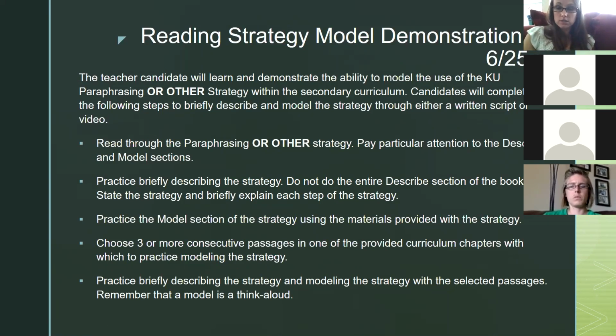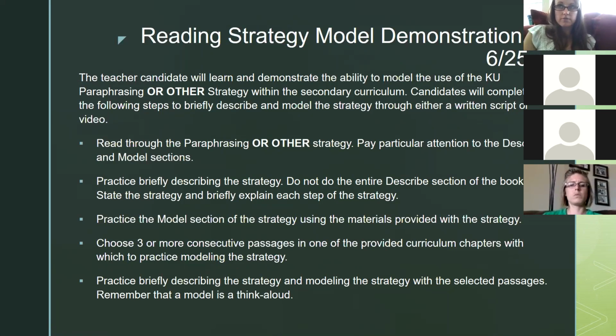And when you get your texts, or if you have them already, you'll see all of these are very explicit and lined out. It's just a matter of having them. And so you'll be practicing using those materials. Then you're going to get the passages that are provided to you also in the materials, and you will be choosing 3 or more consecutive passages, and you're practicing the strategy, modeling the strategy with the passages.